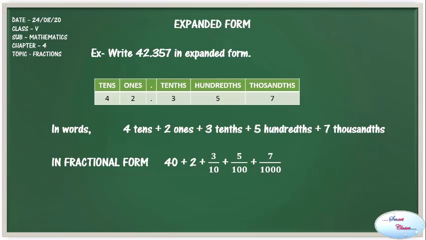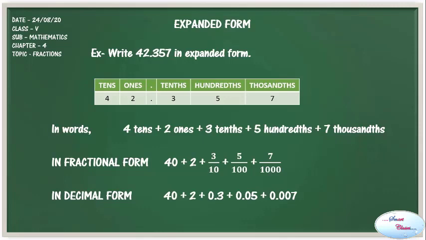The same number in decimal form will be written as 40 plus 2 plus 0.3 plus 0.05 plus 0.07. Here we have expanded the same number in 3 different forms.